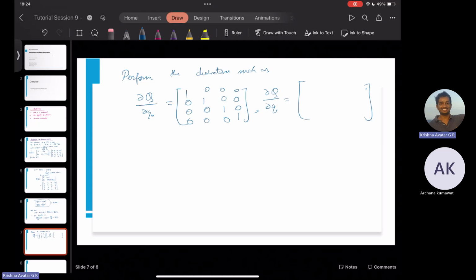Now let's talk about unit quaternion to rotation matrix. Let's just use a different color.